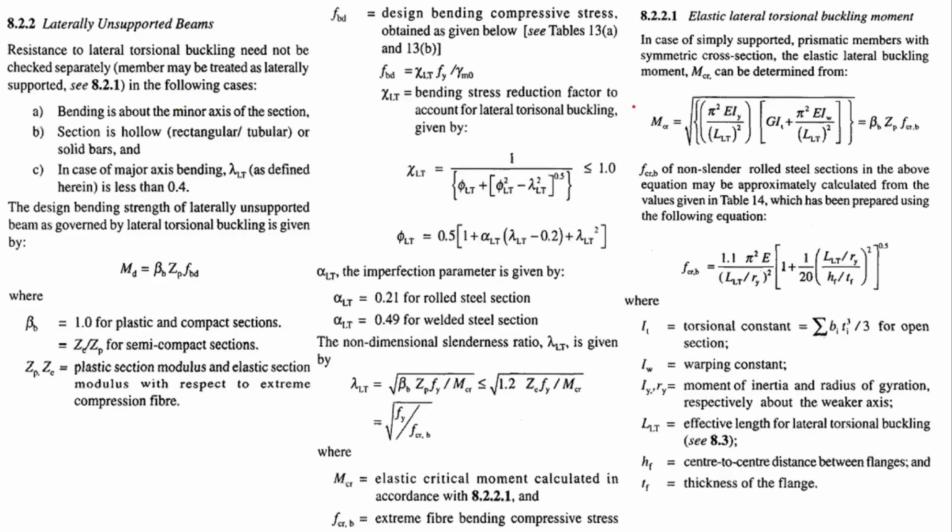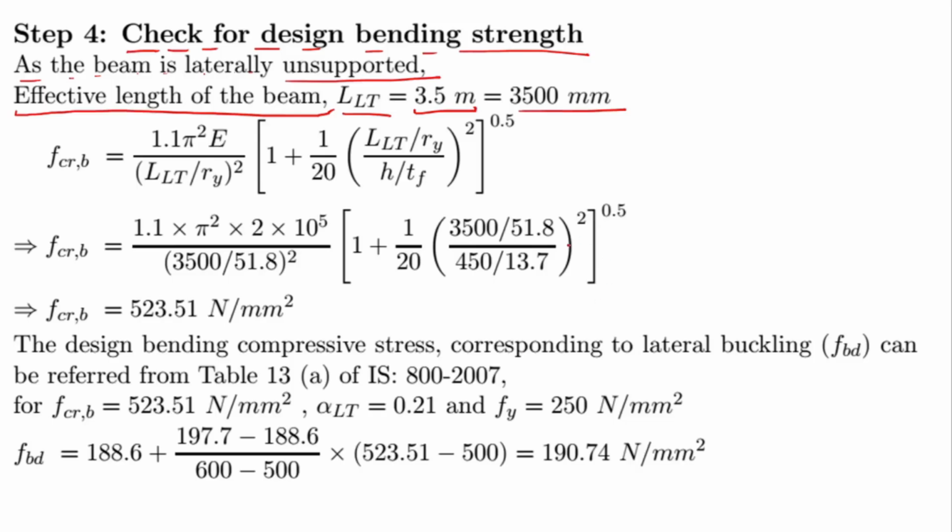Then, as the beam is laterally unsupported, we shall follow clause number 8.2.2. First we shall calculate fcrb. This is the formula for fcrb. So we have noted down this formula according to the IS code, and then we shall put the required values.